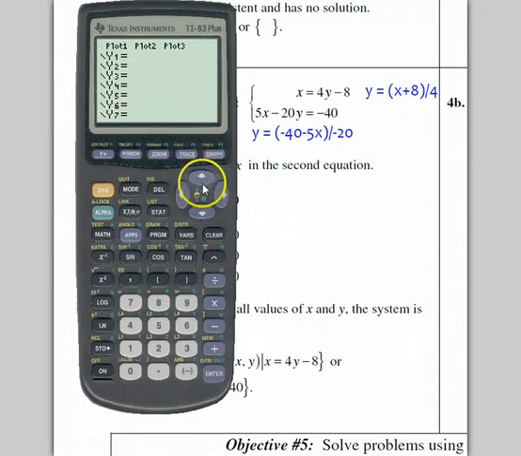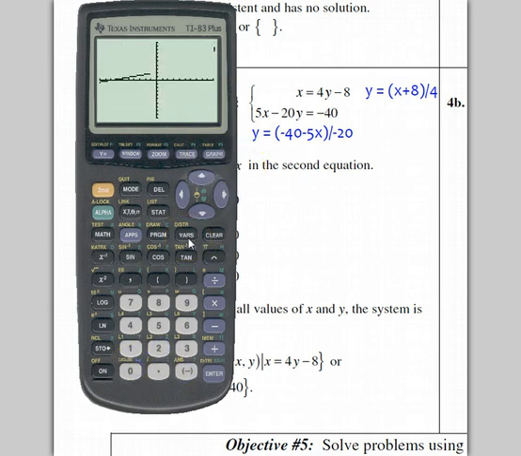So if I want to graph and solve this system of equations, the y is already solved for me. y is equal to (x plus 8) divided by 4. Second equation, (negative 40 minus 5x) divided by negative 20.